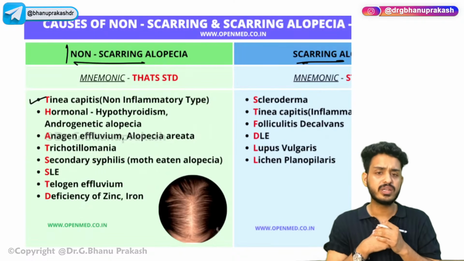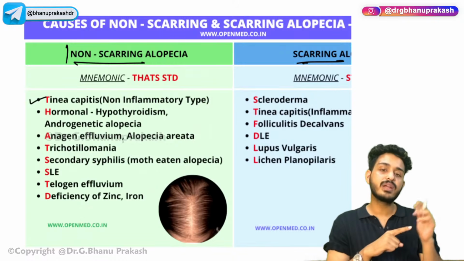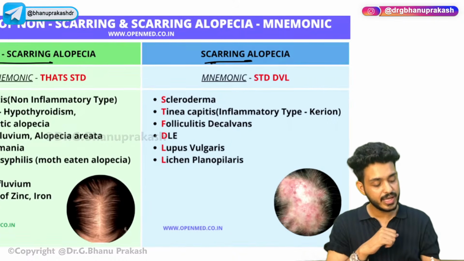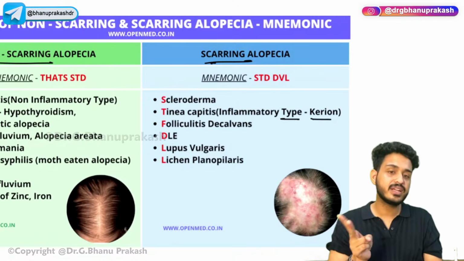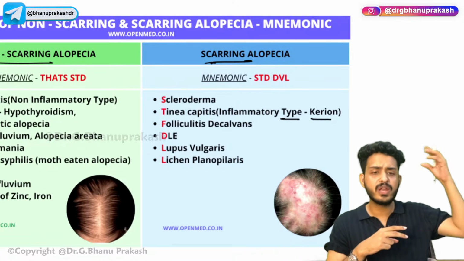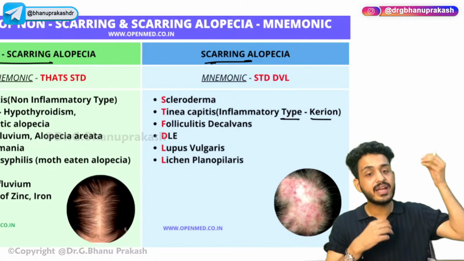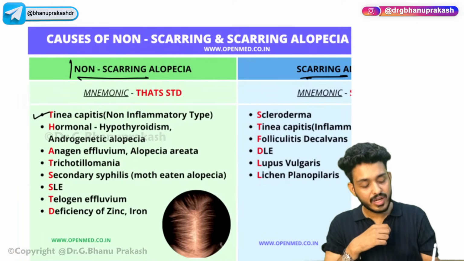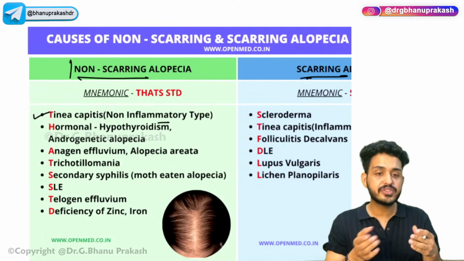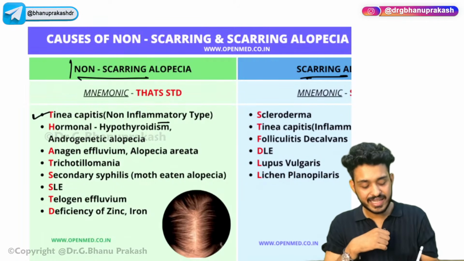We have two types of tinea: one is inflammatory type, another is non-inflammatory type. In inflammatory type we have kerion and favus. You will study a painful boggy swelling on the head, that is kerion. You will have dense crusting, scutula, that is your inflammatory type. Non-inflammatory type will have gray patch and black dots. So that would be your tinea capitis.